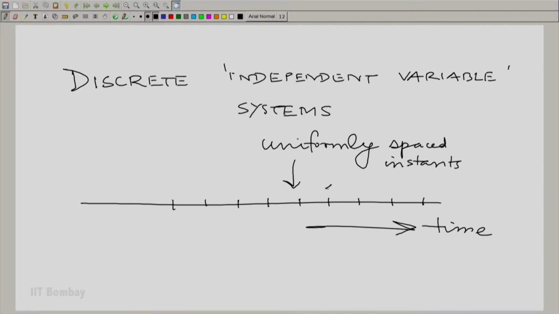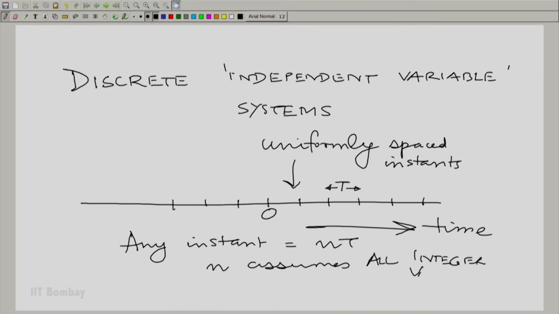And if you have a spacing of capital T between time instants, then you could always choose to designate some point as the 0th instant. So, you could call this 0 for example, and then any instant would be of the form n times T, where n assumes all integer values.